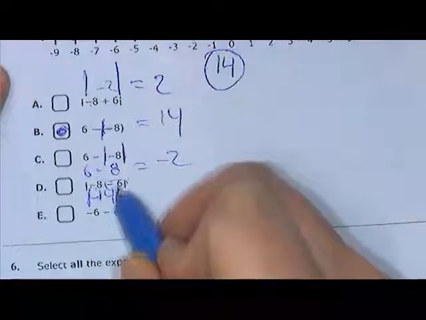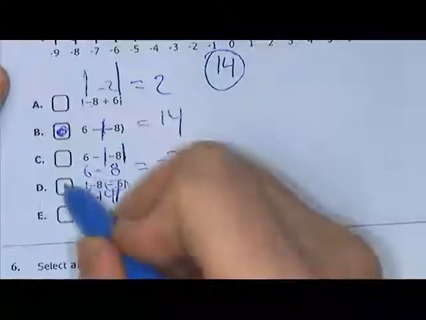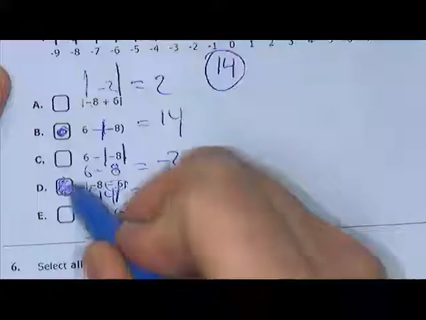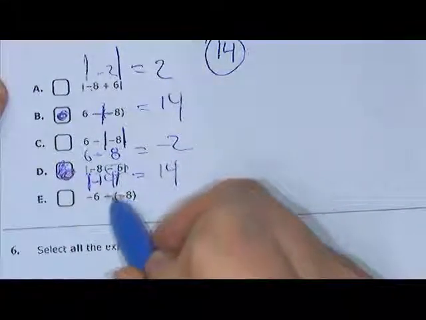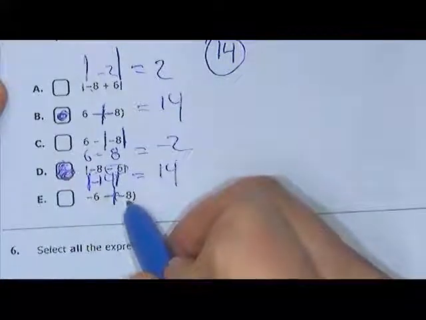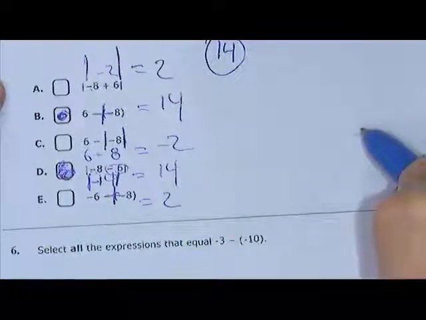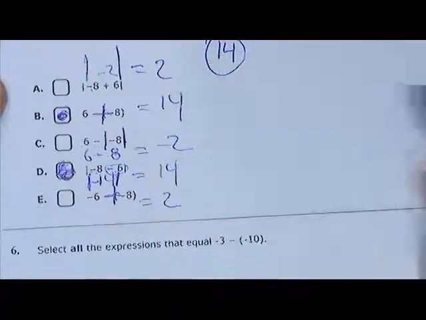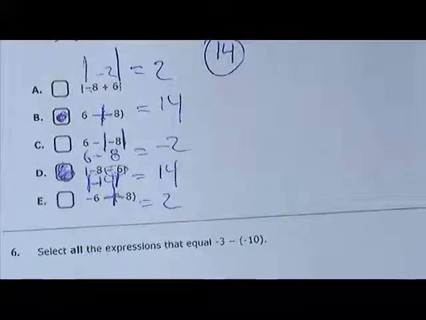So the absolute value of negative 14 is 14. This one works. Put a big plus there. Negative 6 plus 8, that's like 8 minus 6 is 2. That doesn't work. Okay, so hopefully it's easier to do now.